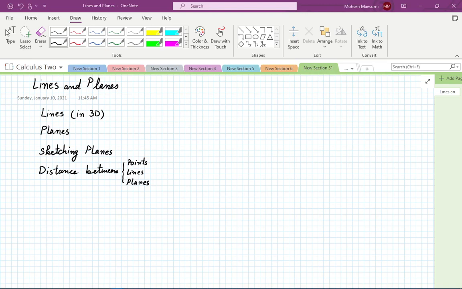So we have a three-dimensional setting. We want to describe a line in this space. We want to give a relationship between the coordinates x, y, z for the points on the line.